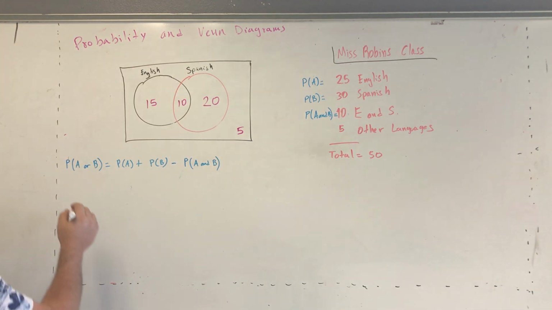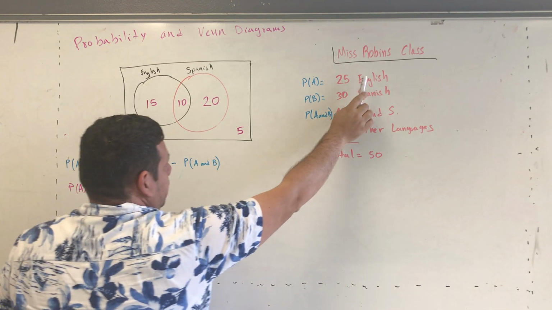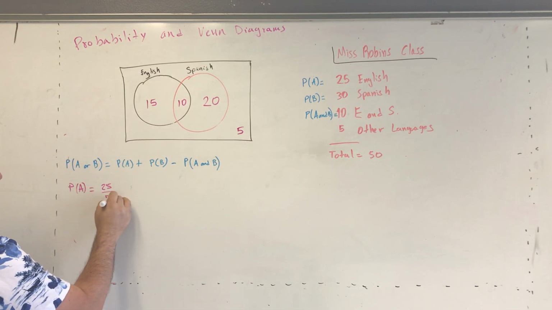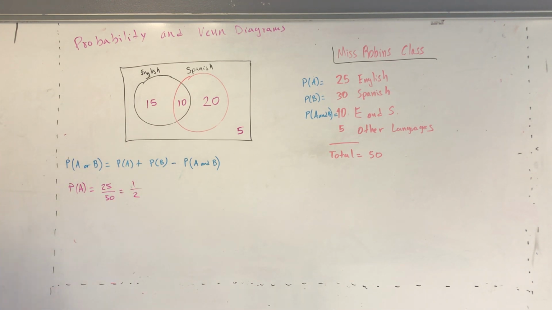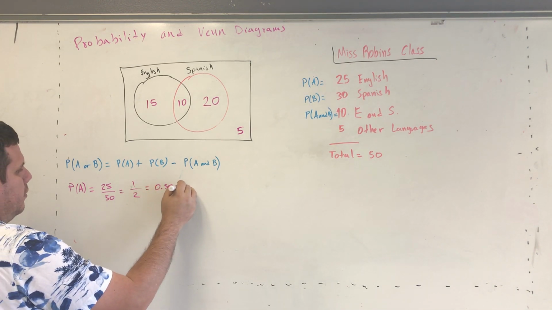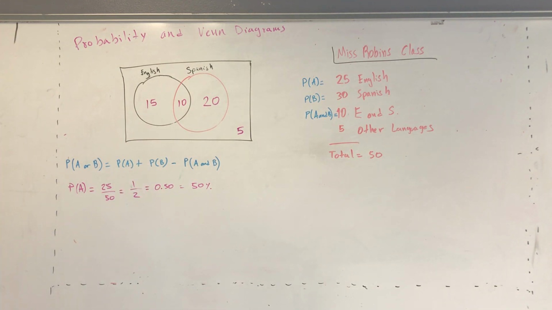Okay, in the first case, the probability for A, which is English, is 25 divided by 50. If we simplify, we get a fraction 1 divided by 2, okay, which is 0.5 or 50%.